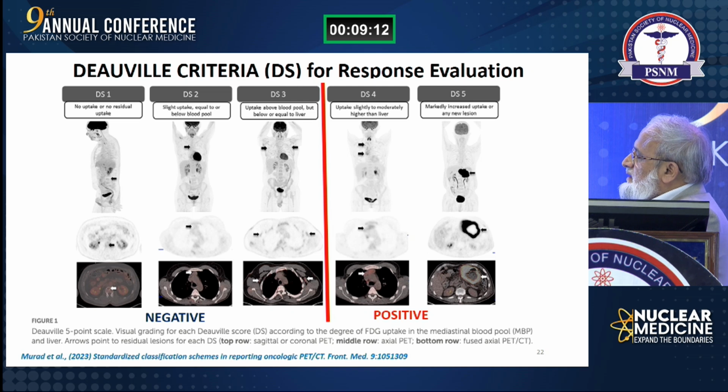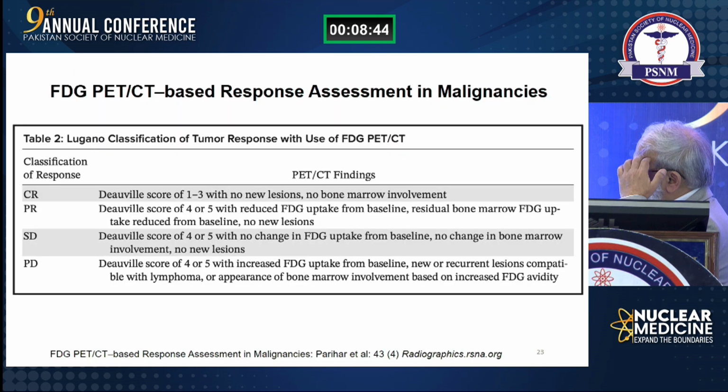Just to show an example, Deauville score 1, that is negative, you can see the CT showing some nodes present here, but they have very low activity, less than liver. So they are all called negative. While on the other hand, if it's more than liver and it is showing much higher activity, then Deauville scores 4 and 5 are given.